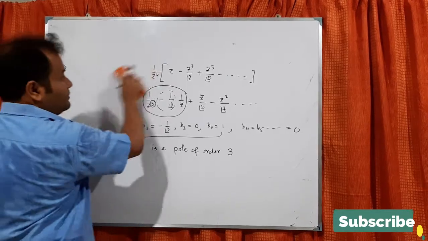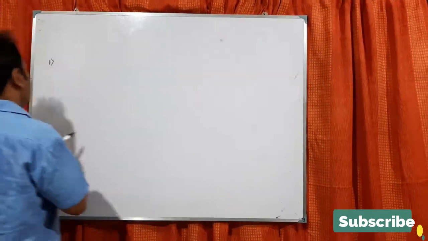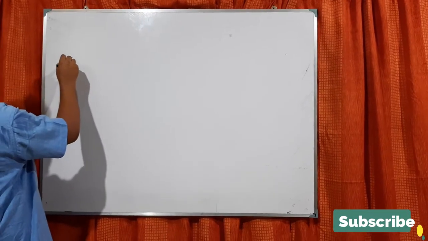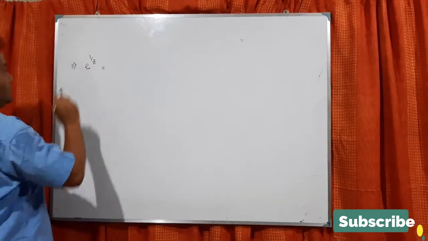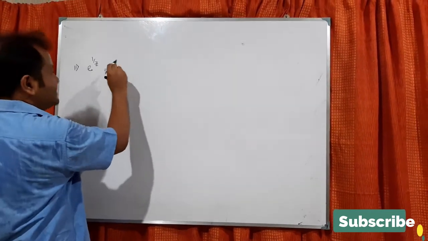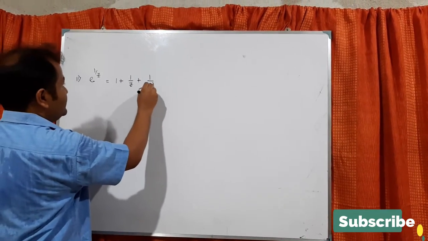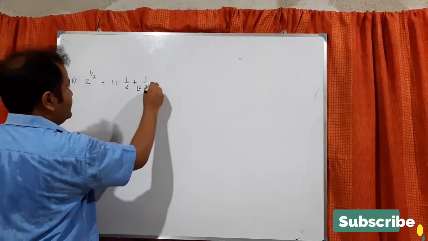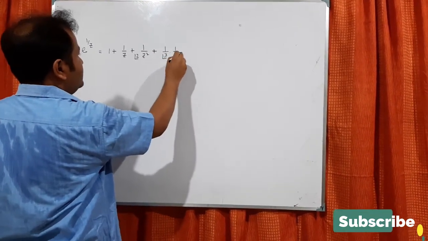Now example number 3, let me give another example. Say e to the power 1 by z. So what we know, e to the power x means it will be 1 plus x and so on. So that is 1 plus 1 by z plus 1 by z square into 2 factorial plus 1 by 3 factorial into 1 by z cube and so on.